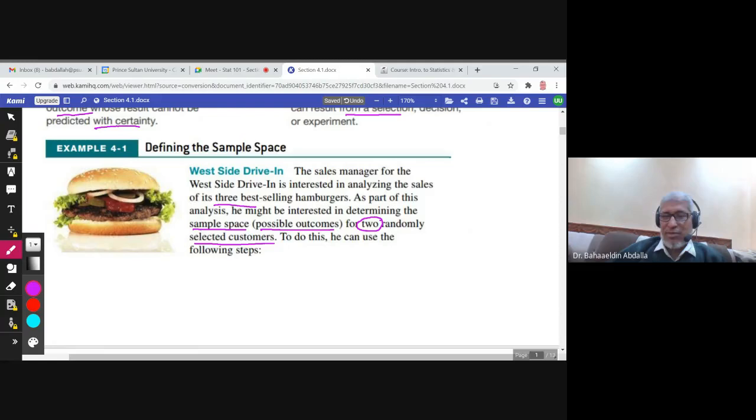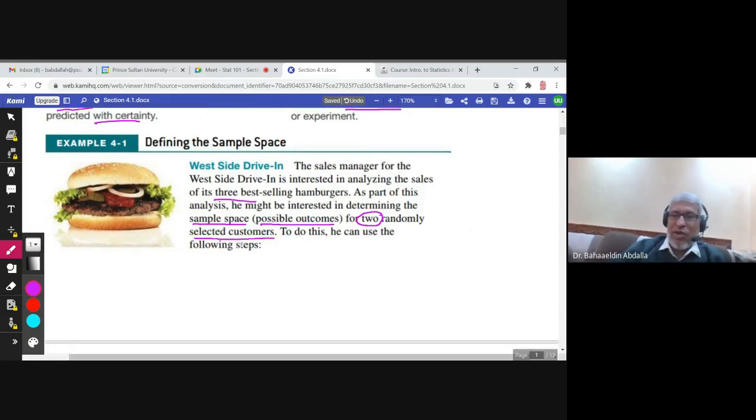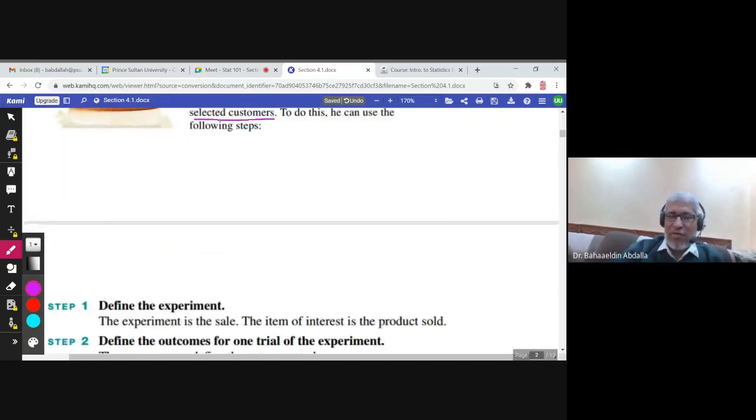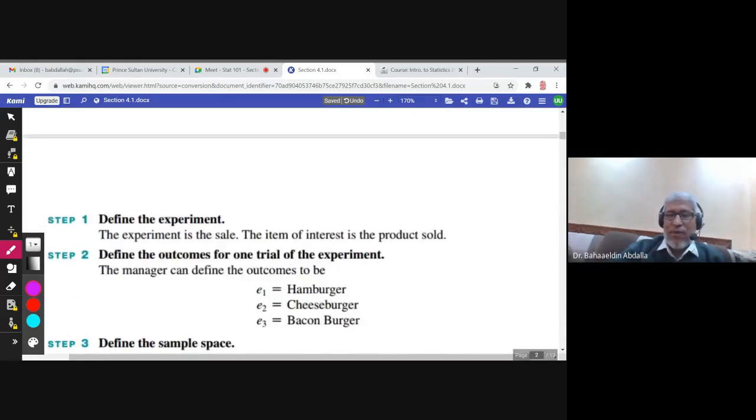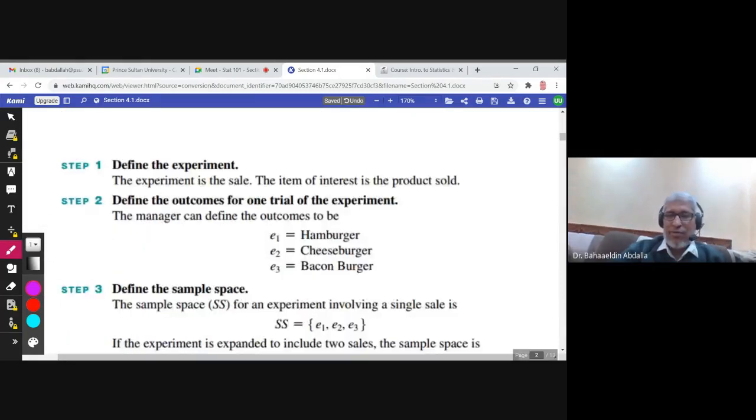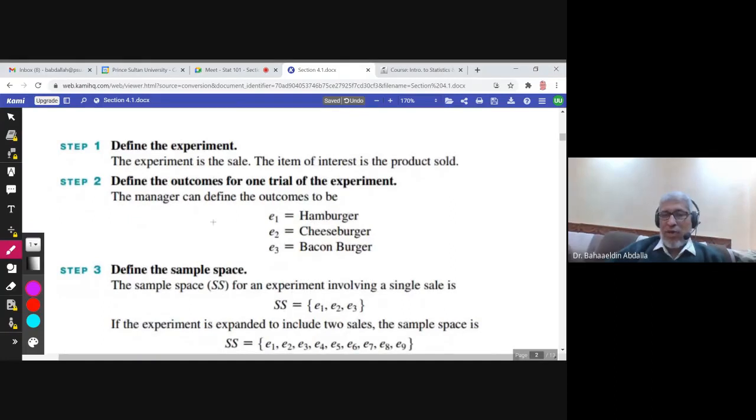So we will ask 2 customers, or we will record what 2 customers will buy from these different hamburgers. The experiment here, what is the experiment? The sale. And the item of interest is the product sold.